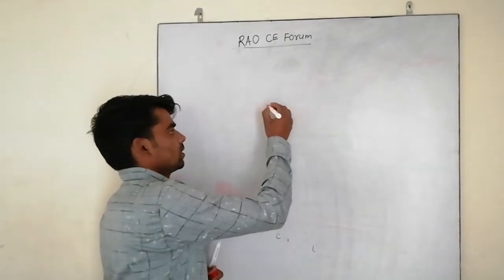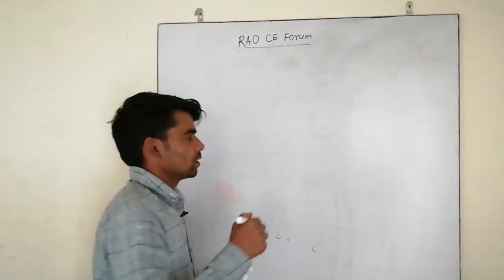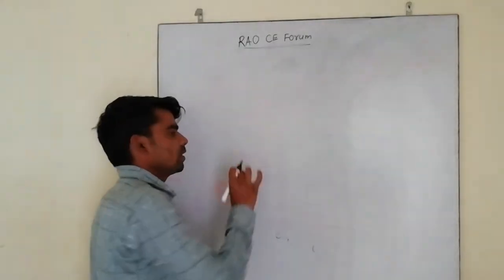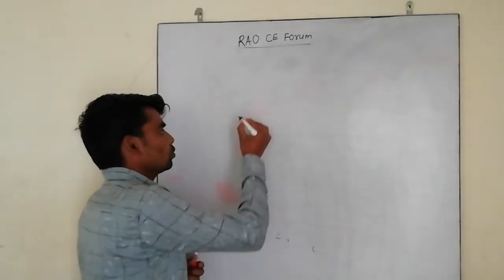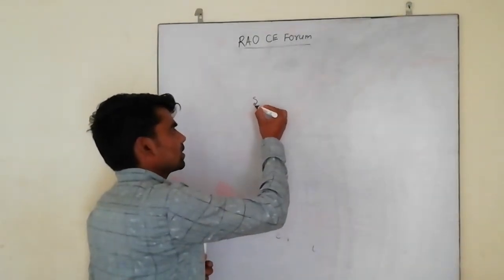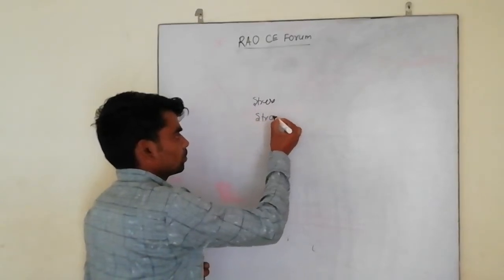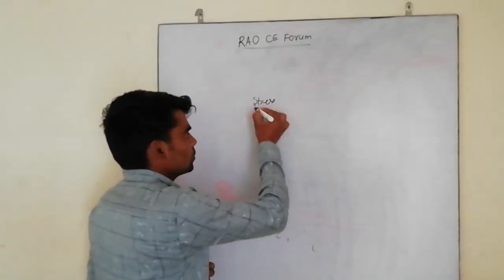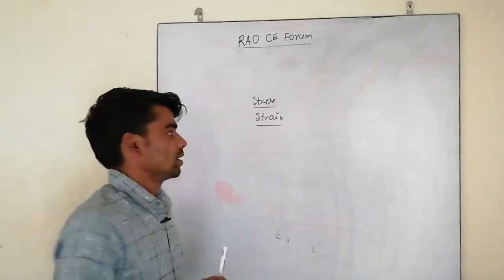First, the material is homogeneous and isotropic, and second, we do not consider the weight of the material. The two parameters are stress and strain. These two parameters play an important role in strength of material.